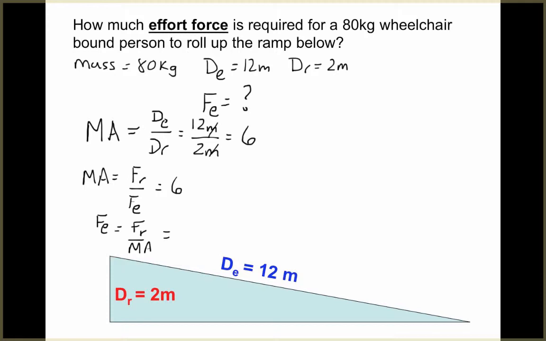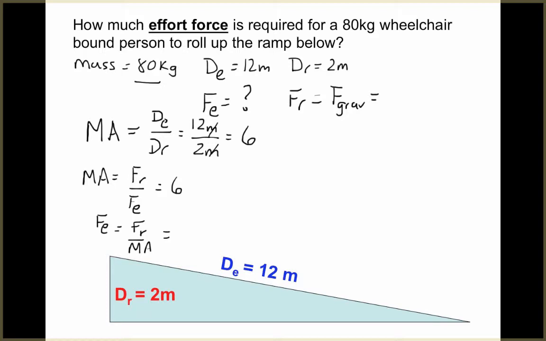I can plug in what I know, except I don't have a force resistance yet. I go back up to what I know. I have a mass, but not a force resistance. So I have to think about what a force resistance is. In this case, I'm working against the force of gravity. So the force resistance is the force of gravity against this 80 kilogram wheelchair-bound person.